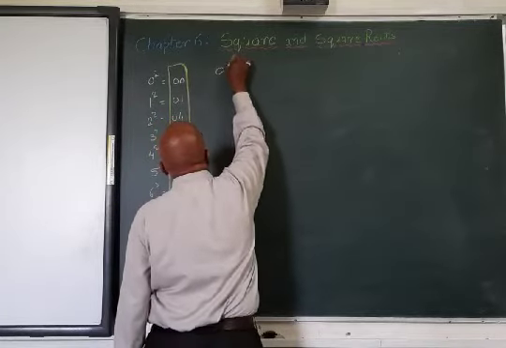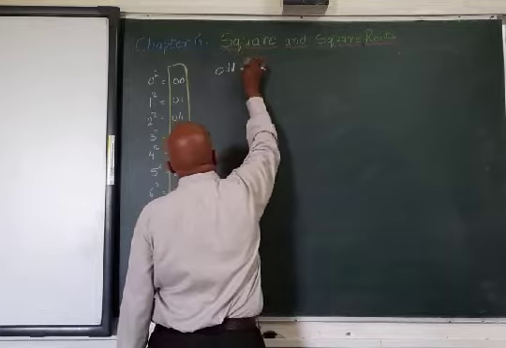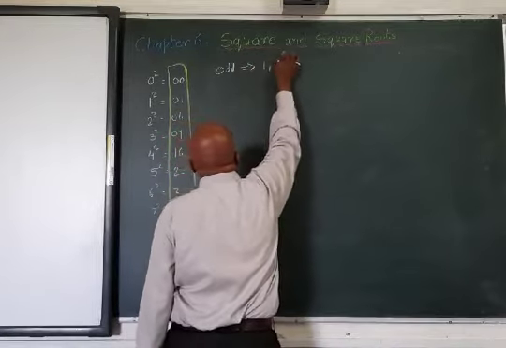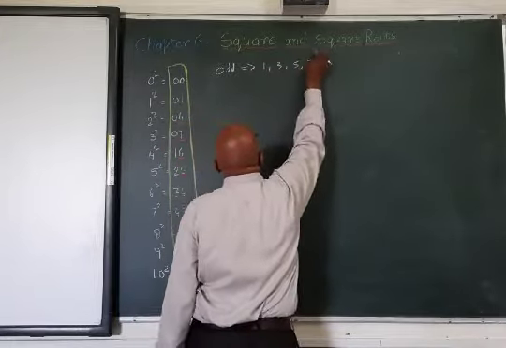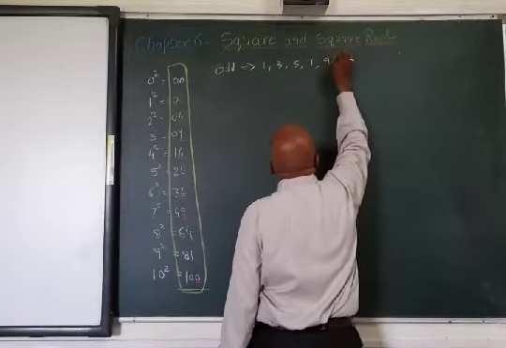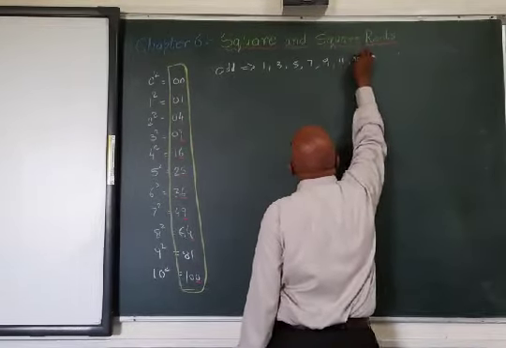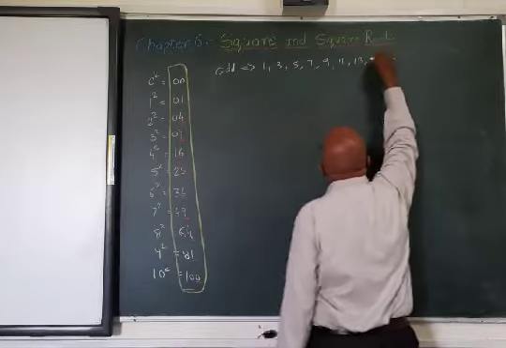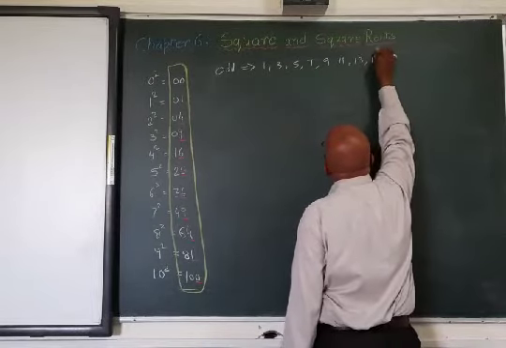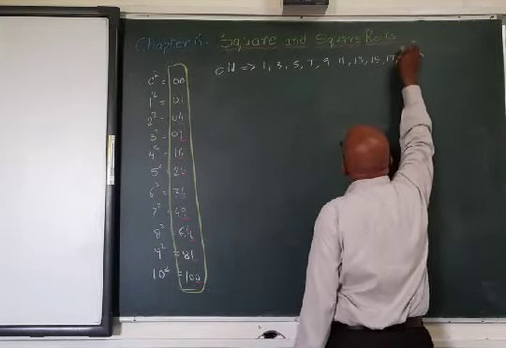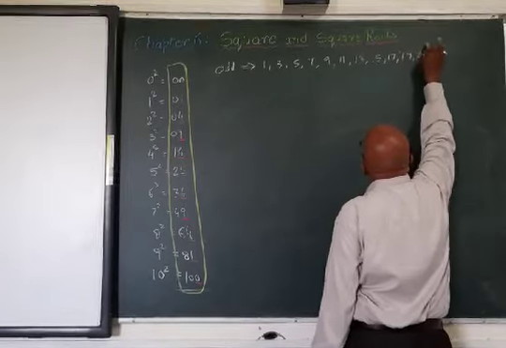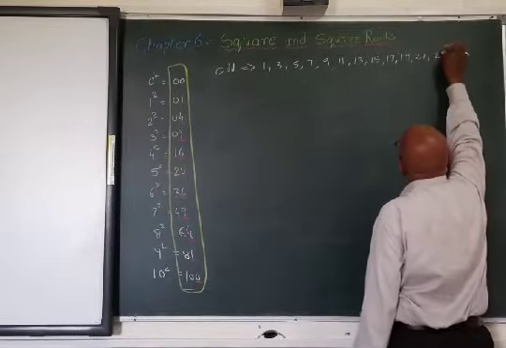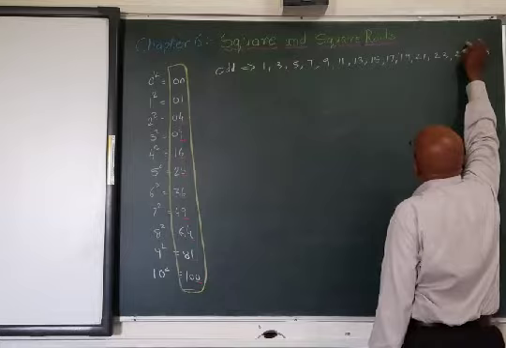The odd number series is 1, 3, 5, 7, 9, 11, 13, 15, 17, 19, 21, 23, 25.